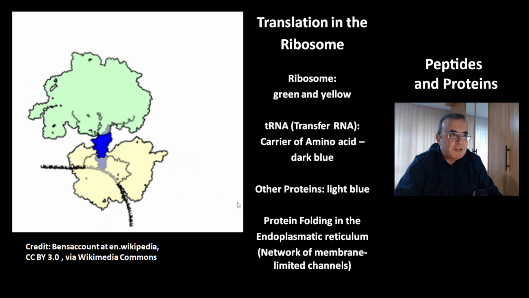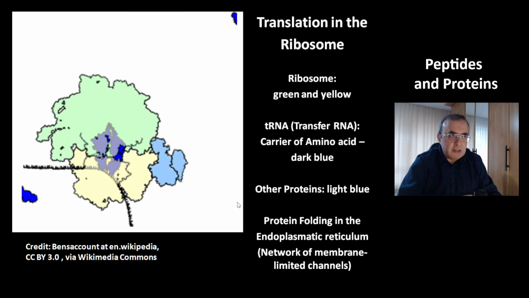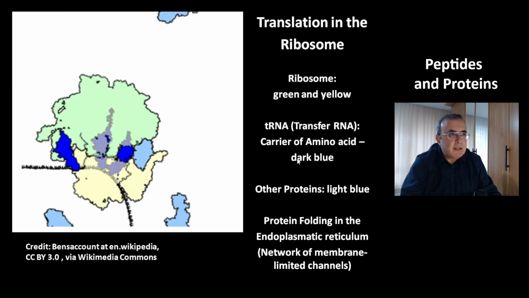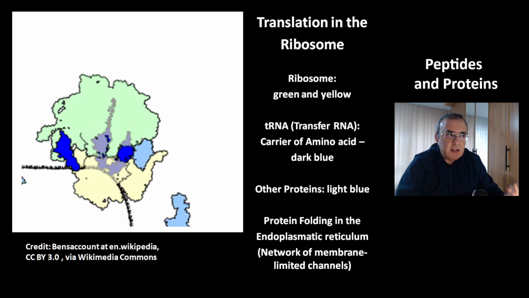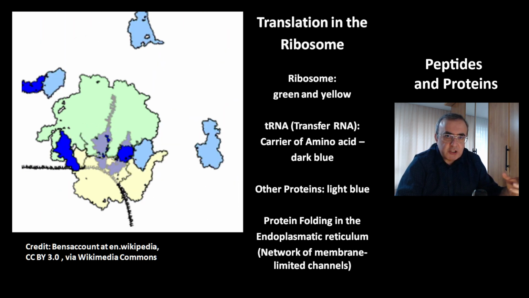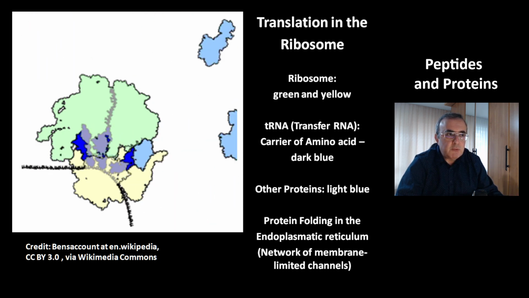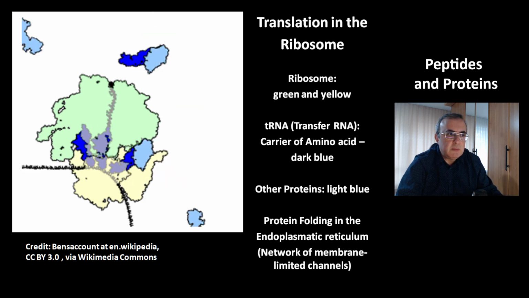This simulation is fantastic. It shows how this works. In green and yellow you can see the ribosome. This is the mRNA, messenger RNA. In dark blue you can see the transfer RNA. The transfer RNA brings one amino acid after the other to this production process. And you can see there are other proteins involved, and these are the light blue proteins.